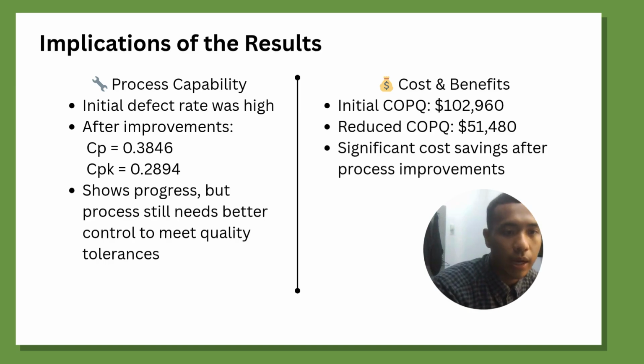This shows the progress, but the process still needs better control to meet quality tolerance. However, for the cost and benefit, the initial COPQ is 102,090 and the reduced COPQ is 51,480. Significant cost saving after process improvement.